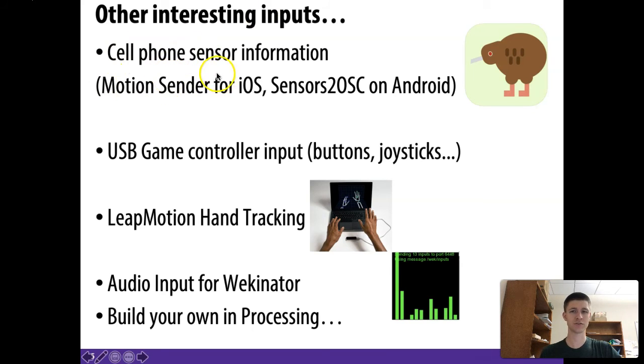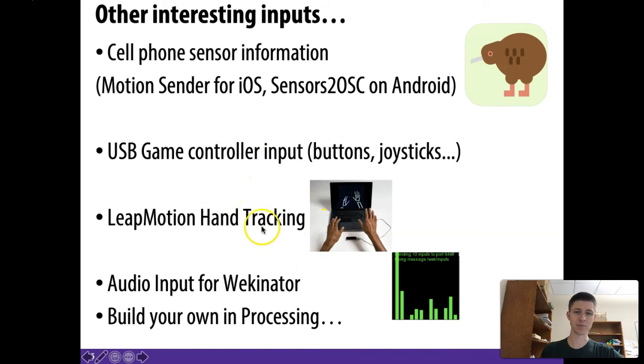So cell phone sensor information, motion sender for iOS. I'm familiar with this one. I have an iPhone, so I can help you get this one set up if you're interested in it. Acceleration, you could do jumping, you could do all sorts of interesting things with that. If you have a USB game controller, you can use that as an input, which would be potentially interesting.